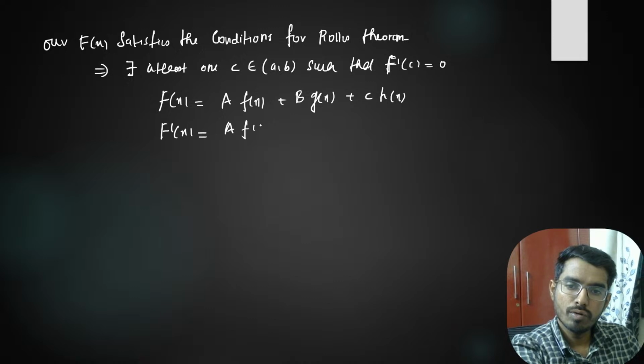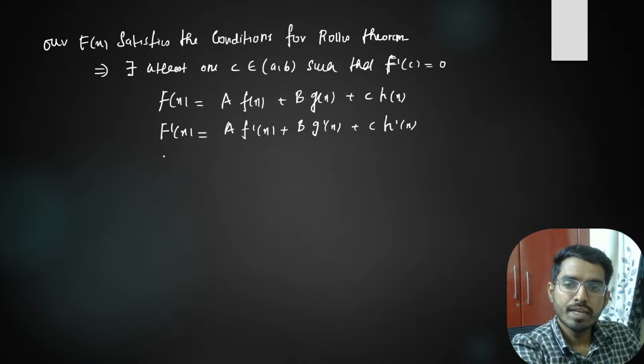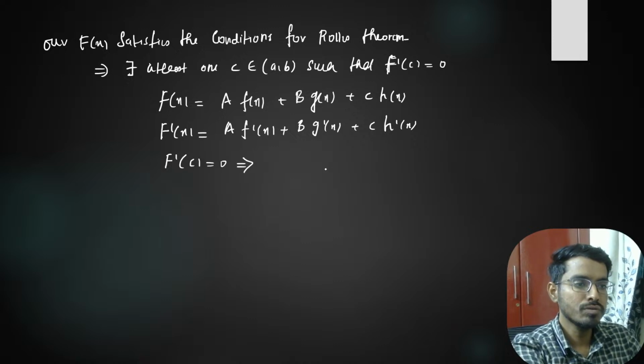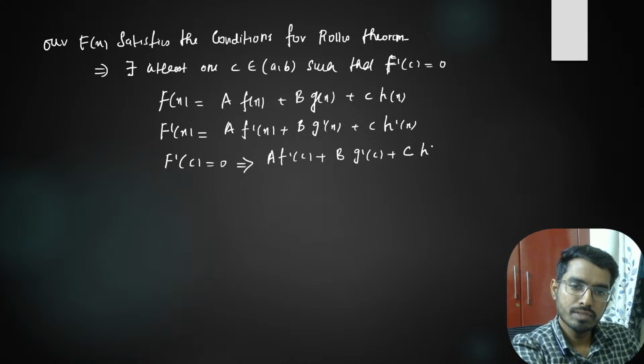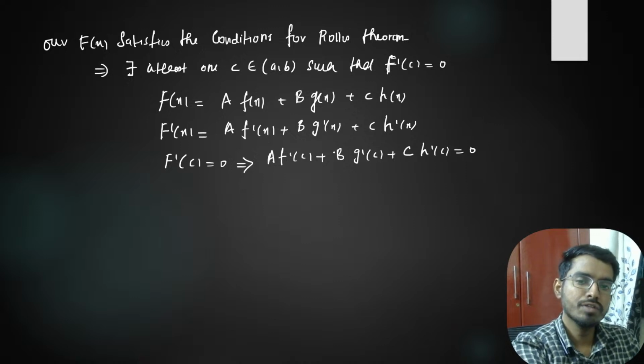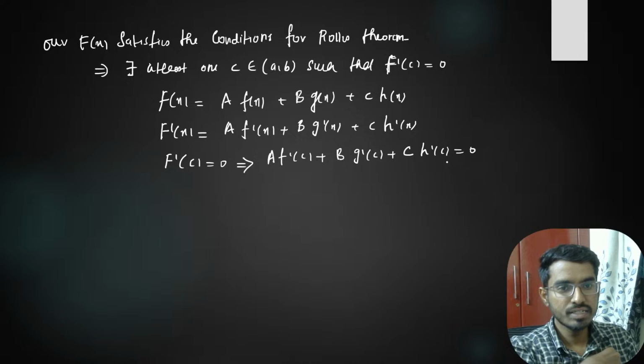A into f dash of x, b into g dash of x, c into h dash of x. And we know there exists a number c such that F dash of c is equal to 0. That means a into f dash of c plus b into g dash of c plus c into h dash of c is equal to 0. Right? So this c and this c are different. This c is just a constant, right?